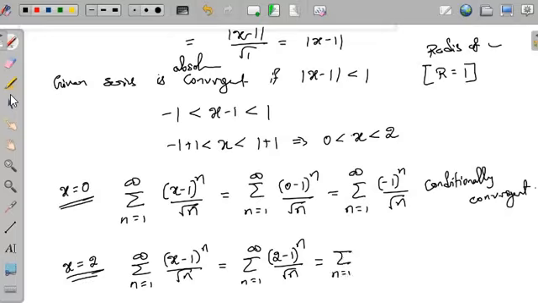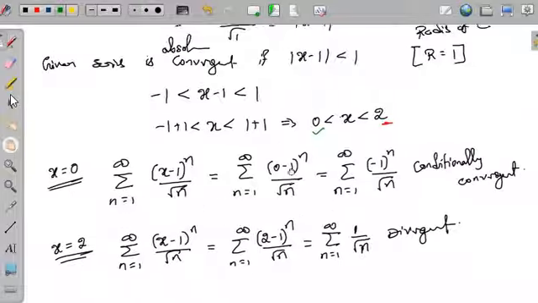So n equals 1 to infinity, this is 1 by root n. So how about this one now? It is divergent, right? So at the end points, you can see that 2 is not included, whereas 0 is included.